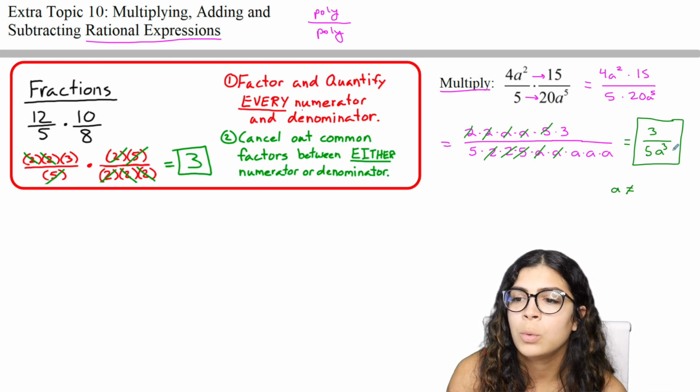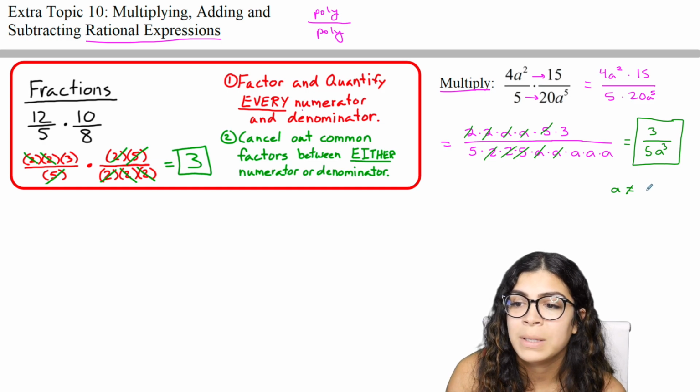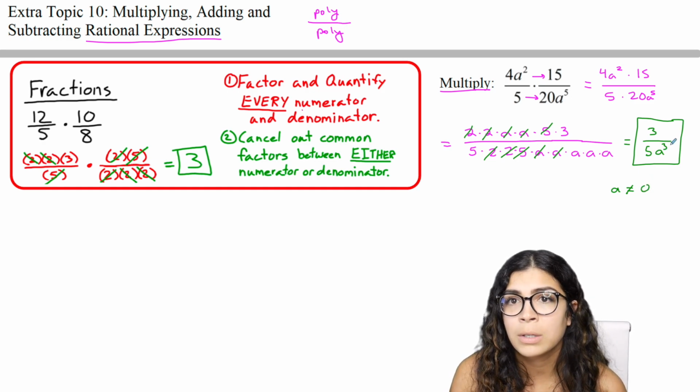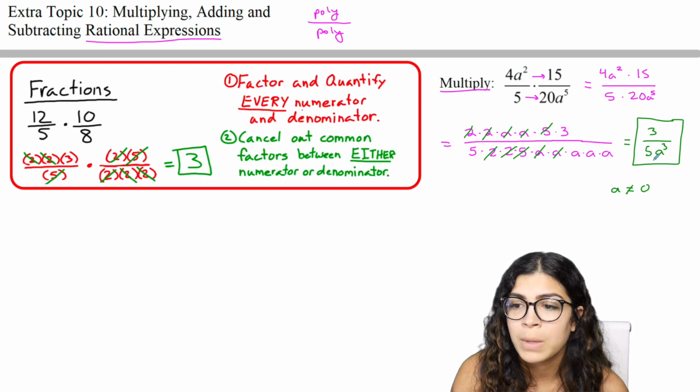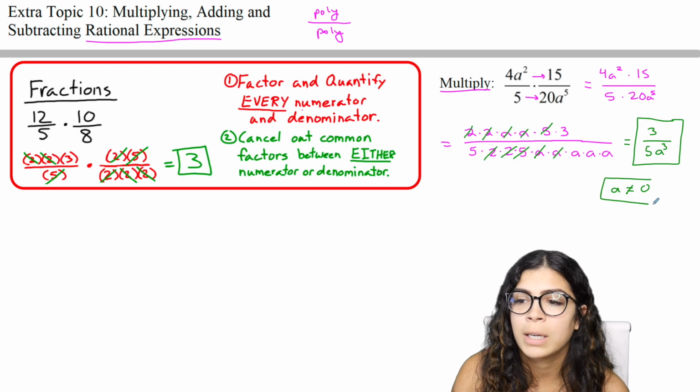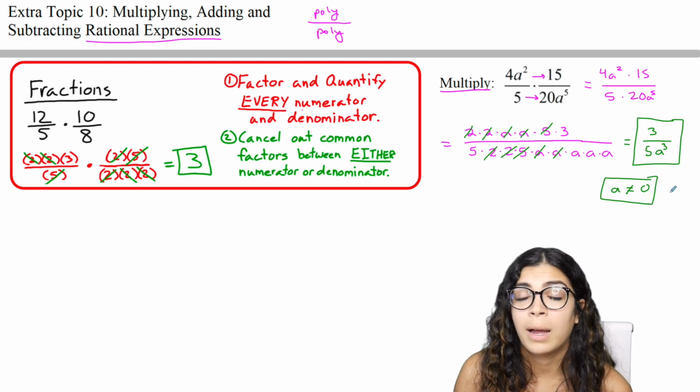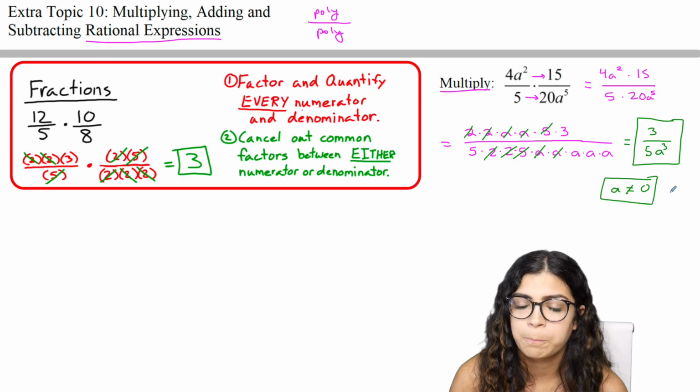So in a cubed, a could not be 0, because then 0 cubed is 0, 0 times 5 would be 0, and that would make the entire denominator 0. So that has to be a part of your answer if you have any variables in the denominator.